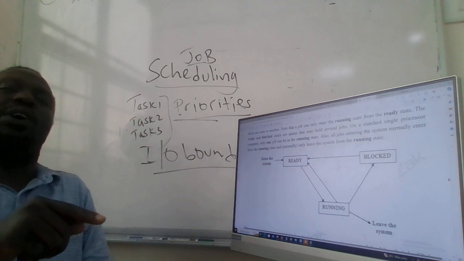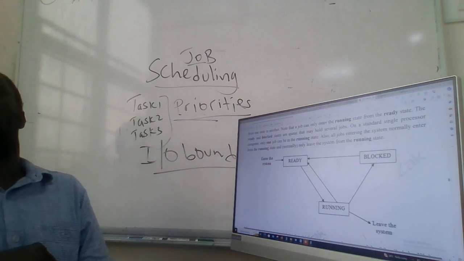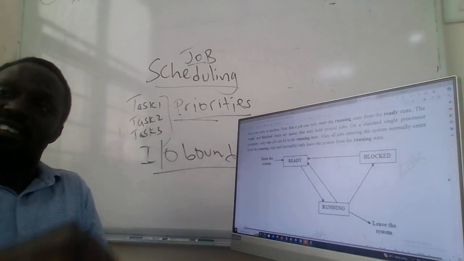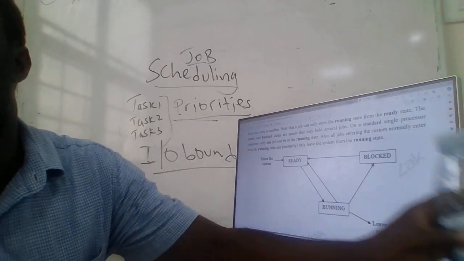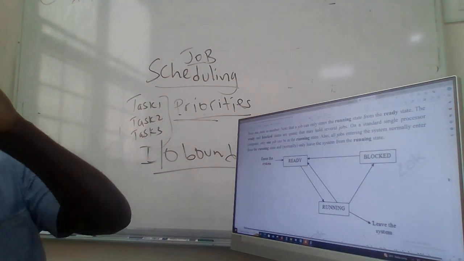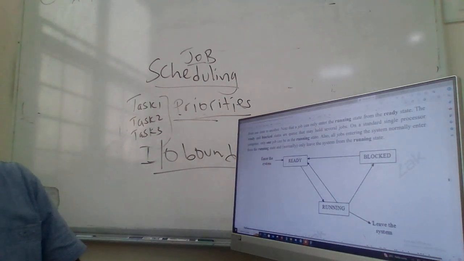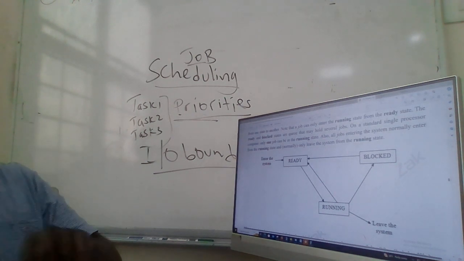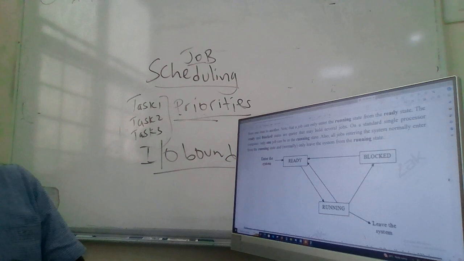But tasks can also be in a running state and then move back to the ready state. When does that happen? That happens especially in two situations. When there's an interrupt, are you getting me? Or when a job is being done, but its processing time is over.